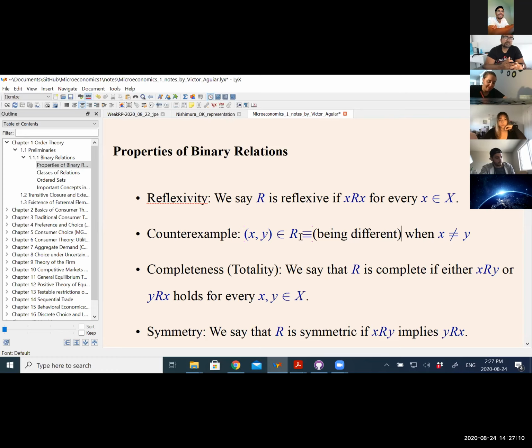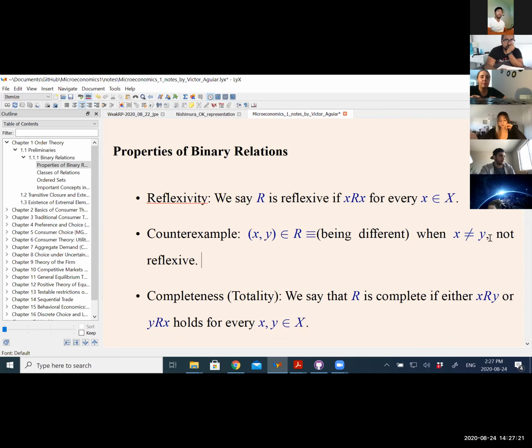That's an example, and of course a counterexample of reflexivity. This is not reflexive, okay? There are such relations, of course, I can build them. But in general, for our class, we're not going to use them because they are not that interesting for us, okay? Maybe in other fields.